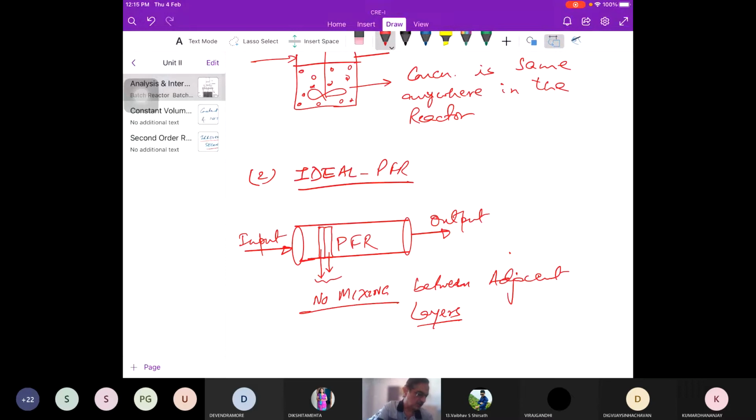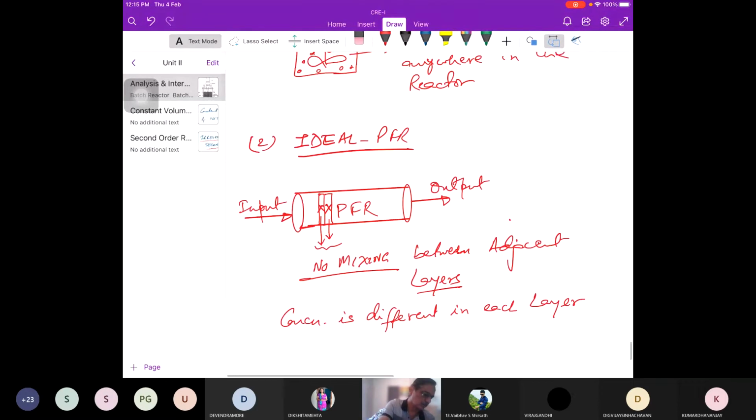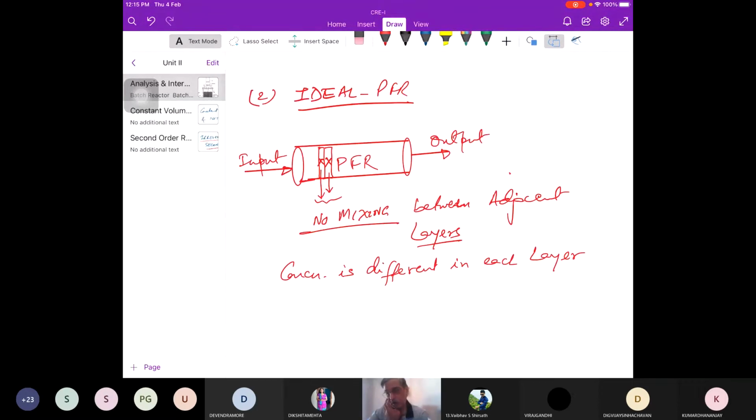Right? So concentration here is going to be different from concentration here. समझ में आई बात? So concentration is different in different ones.